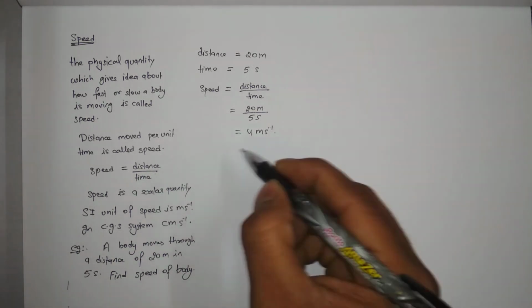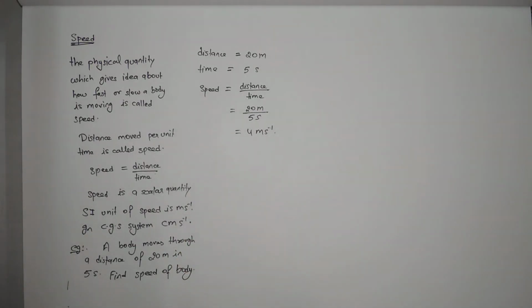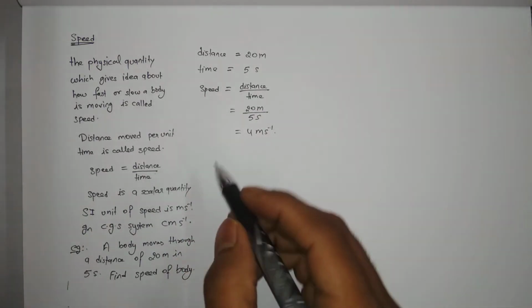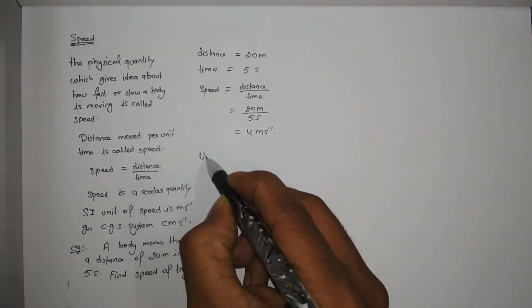Now we are going to discuss about types of speed. So during its motion, body has uniform speed. First point is uniform speed.